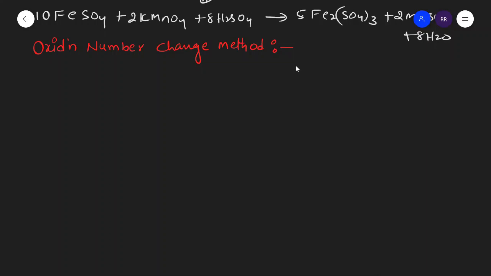And here, let me take an example to explain the rules associated with this method and how to balance a redox reaction by using this method. So let me take an example in acidic medium. The example is here: Fe2+ plus MnO4- gives rise to Fe3+ and Mn2+.